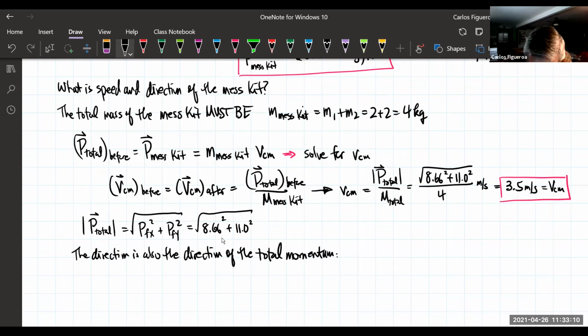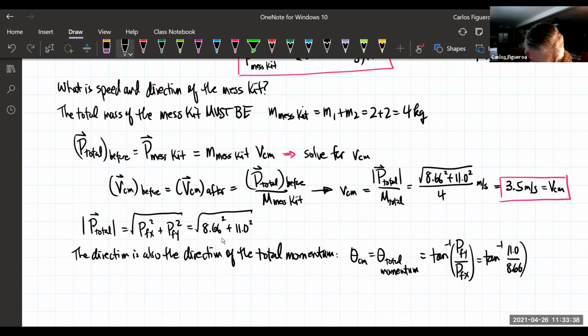In other words, this tells me that the direction of the center of mass is also the direction of the total momentum, which then means it should be the tangent inverse of P final Y and P final X, which in our case will be tangent inverse of 11.0 over 8.66. And the angle that I get is 52 degrees. And that's the direction of the mess kit. It's the same as the center of mass.